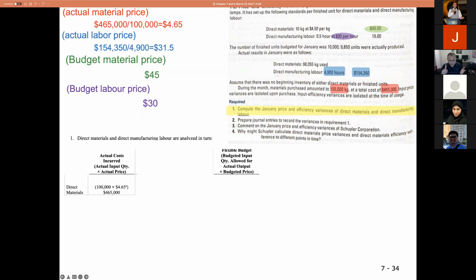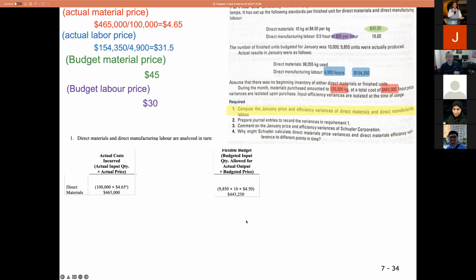You times 10, right? And then what's the budget price? 4.5 per kg. Very good. So that's why we are doing this calculation. Actual output times each output requires 10 inputs. That's the standard, and times the budget rate, 4.5. So this is my flexible budget number.